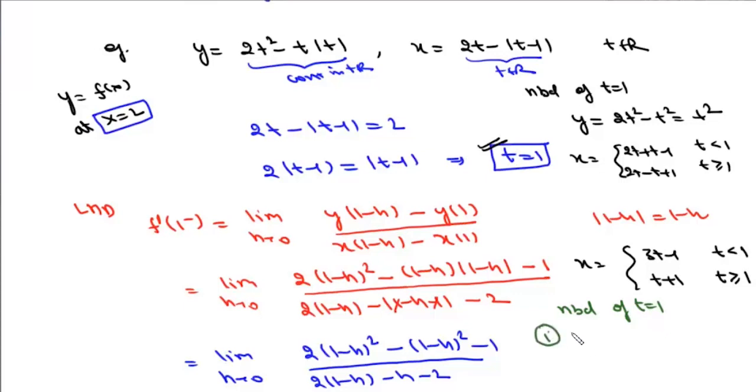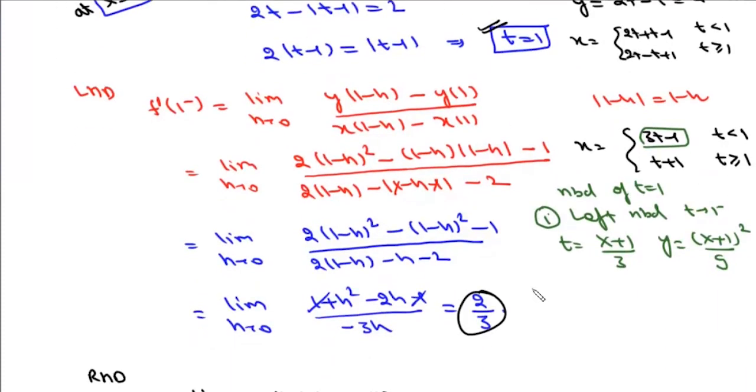First definition is in the left neighborhood of t, which is 1 negative. Now here x is 3t minus 1. So we can write t as (x plus 1) by 3, and y is simply t square. So we'll get y as ((x plus 1) by 3) whole square, that is (x plus 1) whole square by 9.